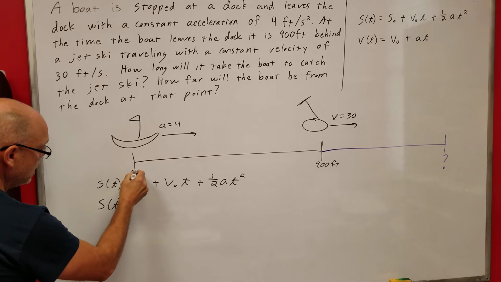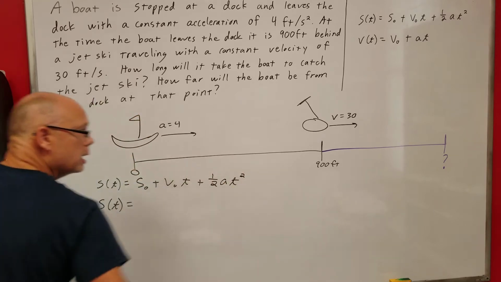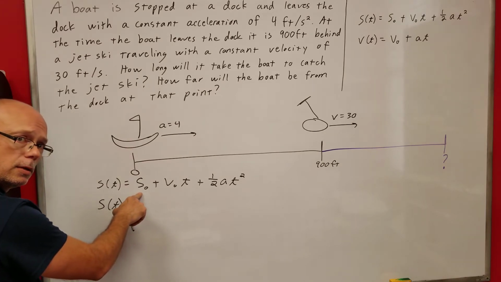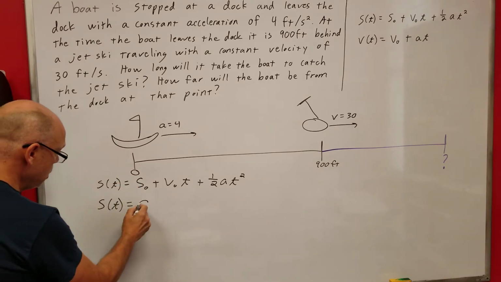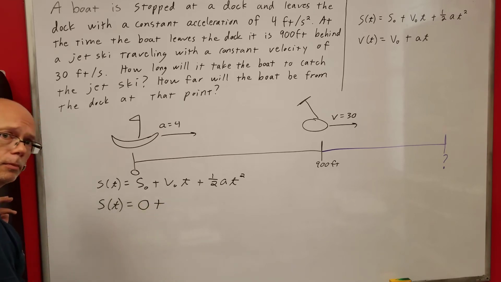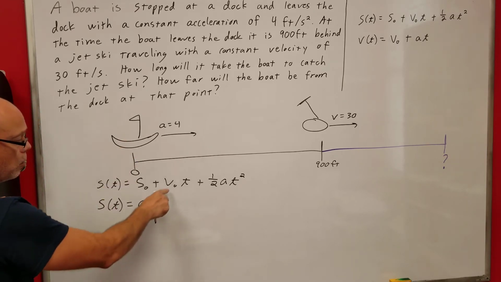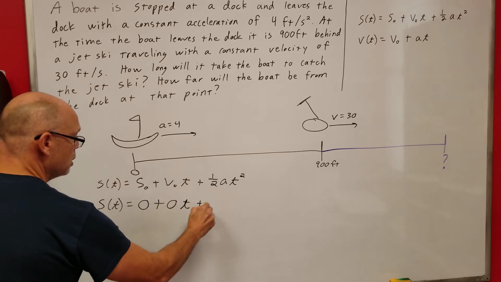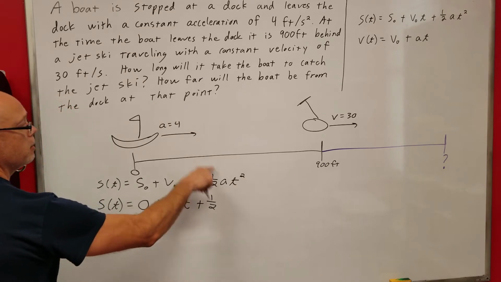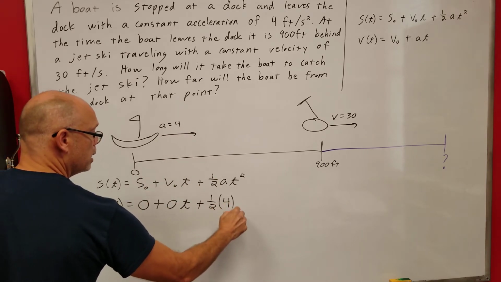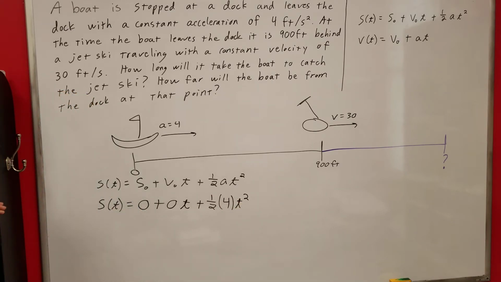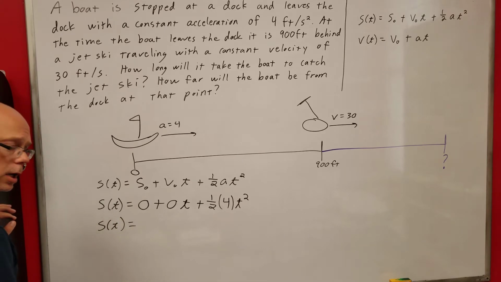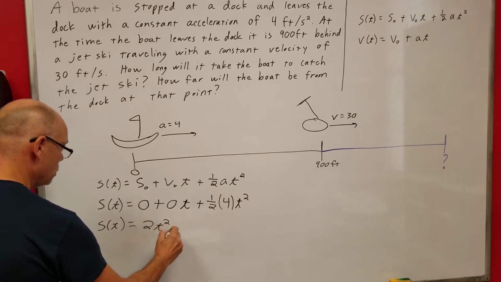So we can look at the dock as position 0 and the jet ski at position 900. So that would make my S subscript of 0, my initial position, 0, plus. If the boat is stopped at the dock, what is the initial velocity? That would also be 0, right? Plus 1/2, and then it ends up accelerating, and the acceleration is 4, right? So if we simplify this function right here, S of t will be what? 2t squared.